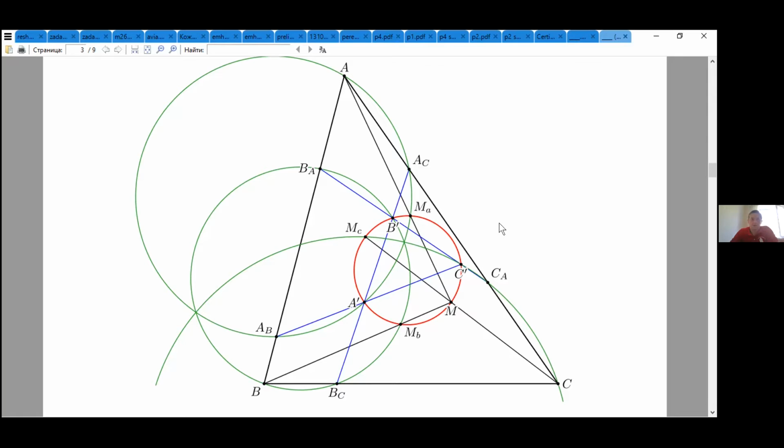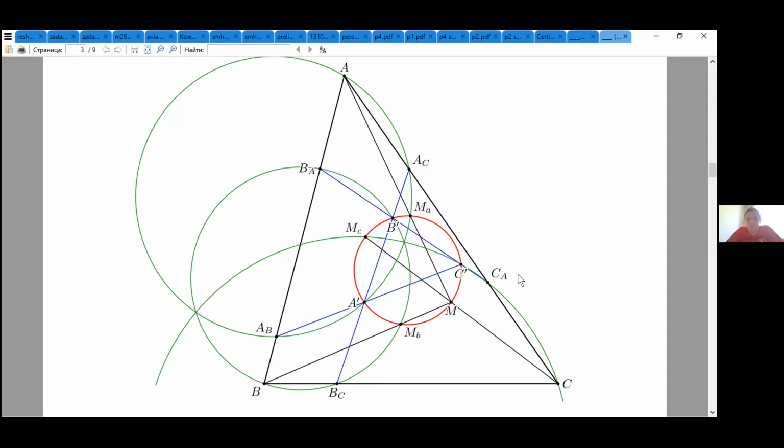Then we rewrite these powers of a point in terms of ratios of lengths or signs, and relatively easily obtain that the ratio of these powers of point AB, and similarly point AC, with respect to the other two green circles, is a constant.